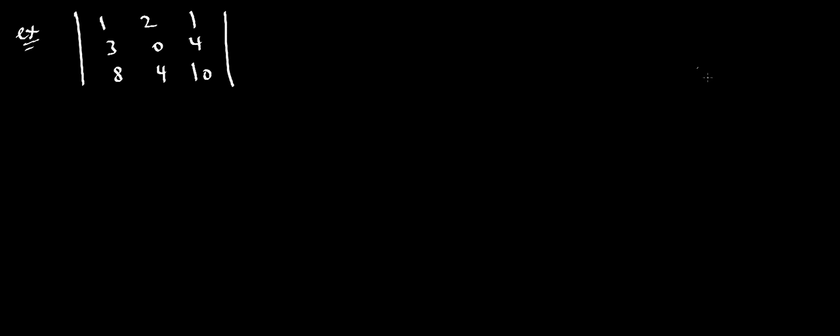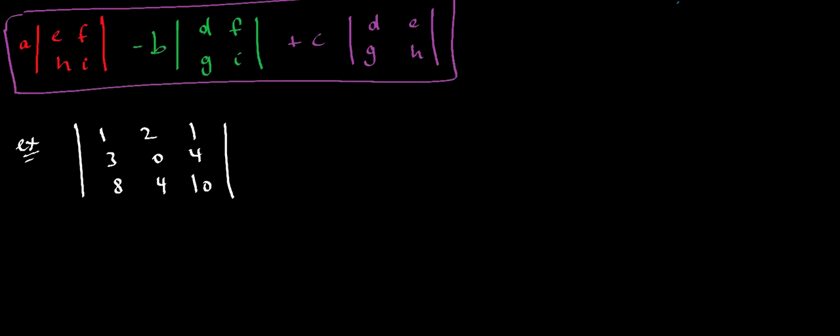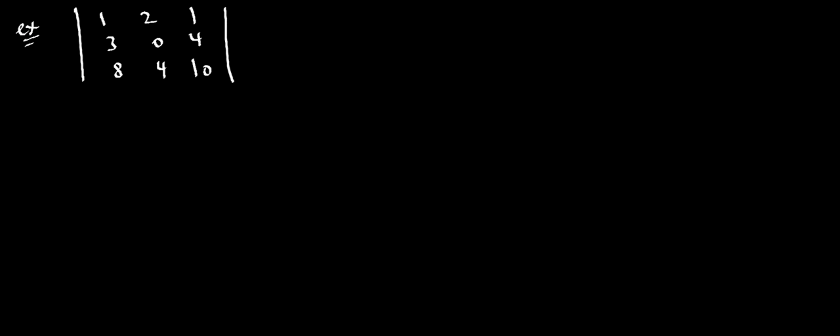Since I did the last example here by rows, let's go by columns. So I look for columns and I'm gonna pick the second column because it's the column that has most number of zeros. And again, why do we pick the columns or the rows with most number of zeros? Just because it makes the calculations easier. If you decide to pick a different row or a different column, you should get eventually the same answer.